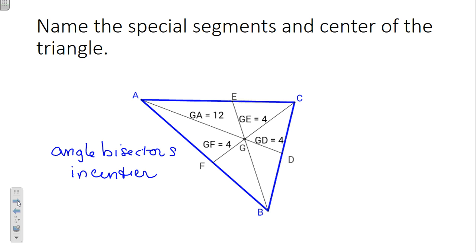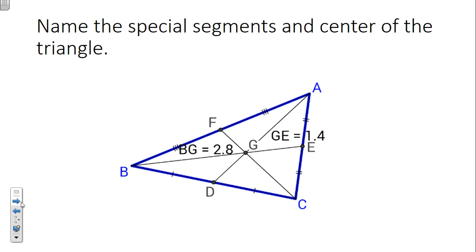Now the next one, number 14 on your paper, says what's going on here. I see numbers and I see tick marks, but let's not pay attention to the tick marks. Which one of them had something that was twice as big as another? Median, centroid. Very good.